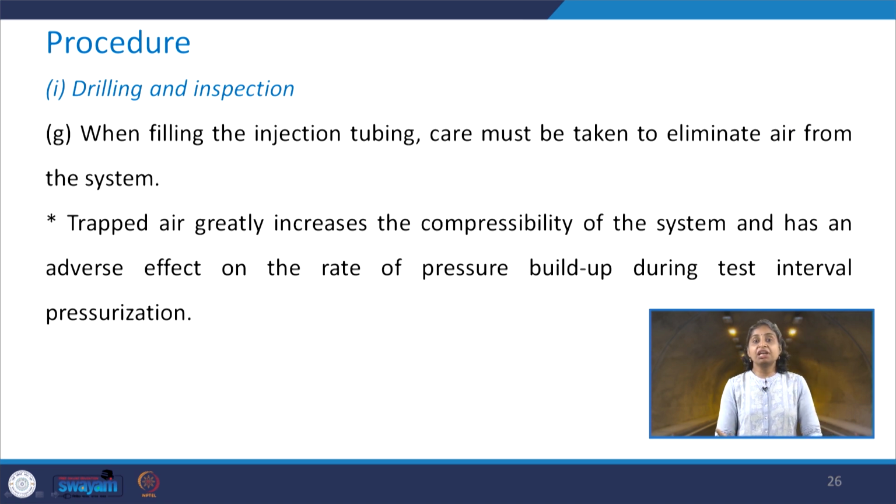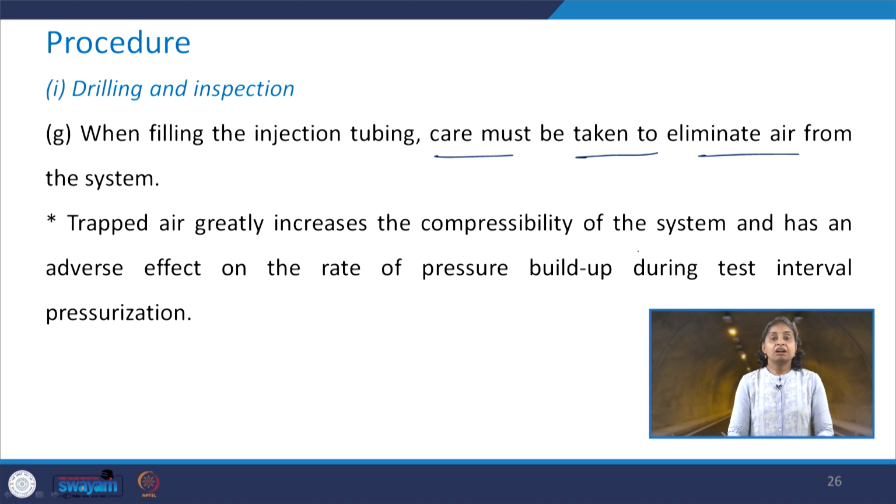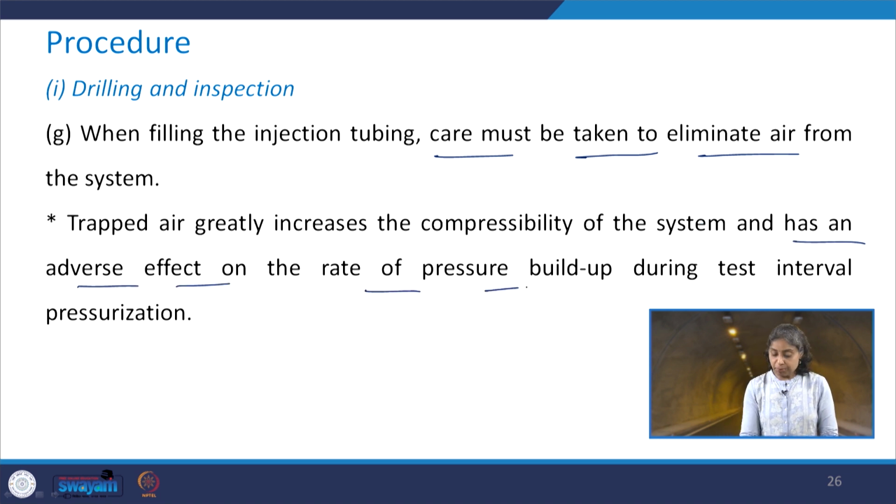When filling the injection tube, care must be taken to eliminate air from the system. Trapped air generally increases the compressibility of the system significantly, and it has an adverse effect on the rate of the pressure building up during the test interval pressurization.